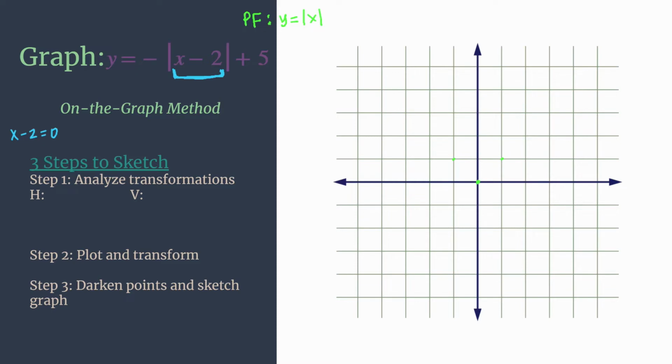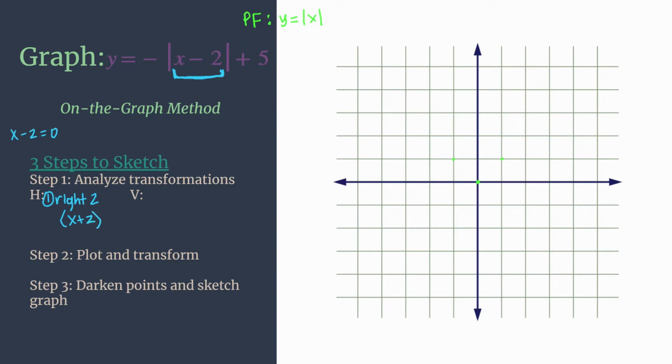So if we were to solve the mini equation for x, we would do plus 2 to both sides. So this tells us we should be adding 2 to our x's, which shifts us right. So right 2 or x plus 2. All right, so that's our only horizontal transformation.